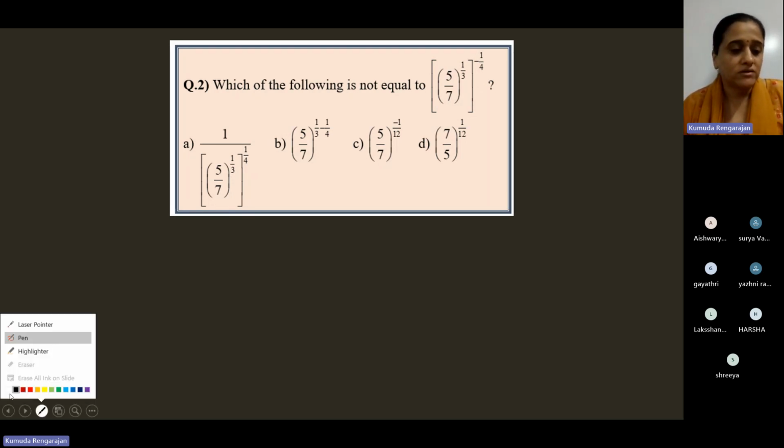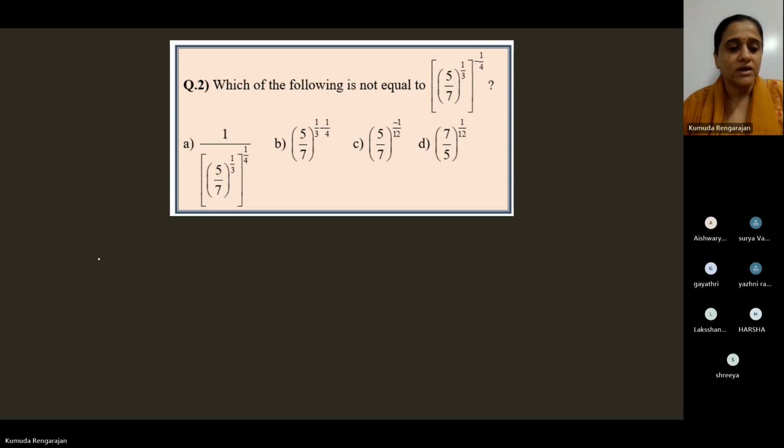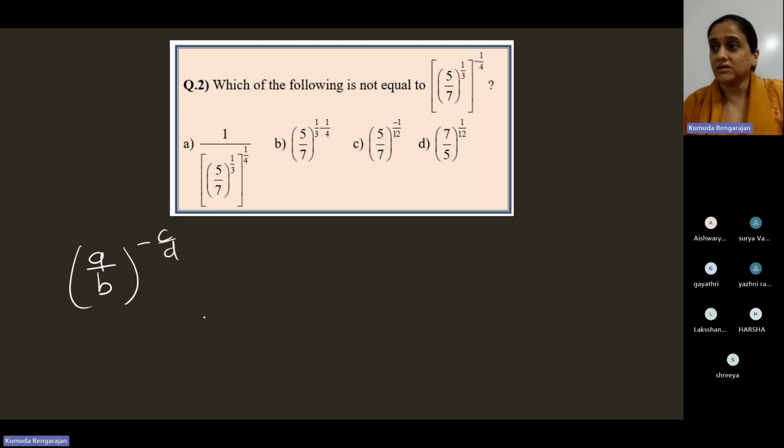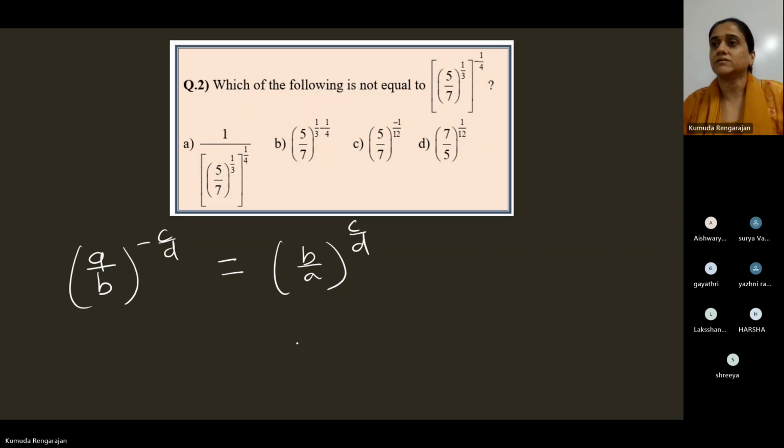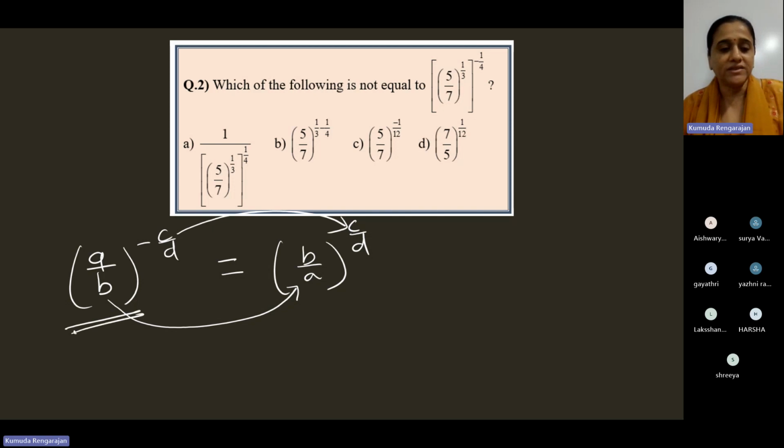Now, if you have A by B to the power minus C by D, this is equal to D by A, the whole power C by D. Take the reciprocal of the base and write the negative of the power. In that case, you're writing the equivalent of this expression.